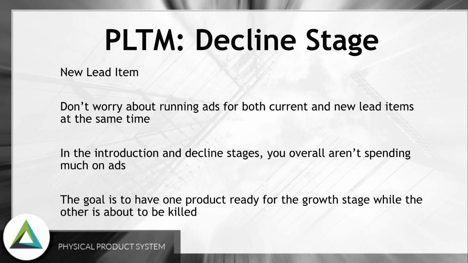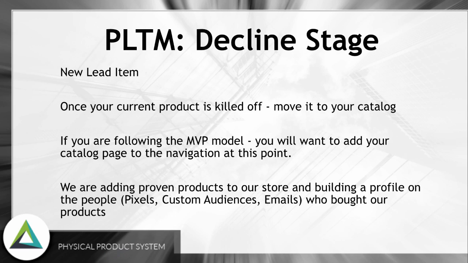That's something that's really exciting that you can do once you're perfecting this model and you're handling more and more ad sets. So once your product is killed off, move it to your catalog. We talked about that already. If you're following the MVP model, though, you will want to add the catalog page to your navigation at this point. That's super simple.